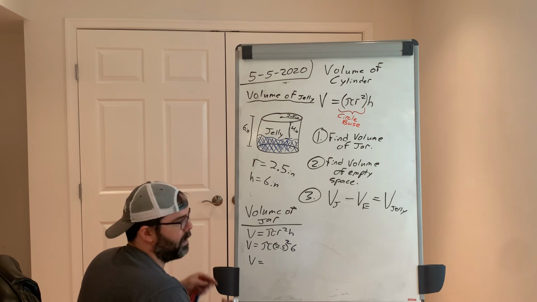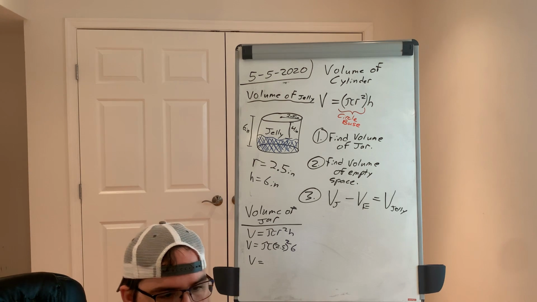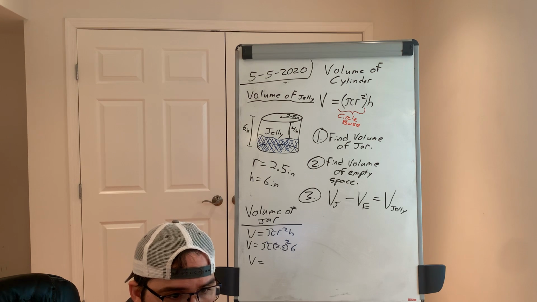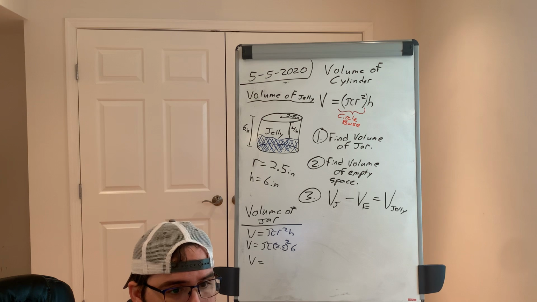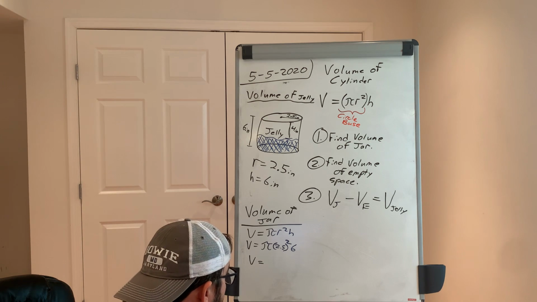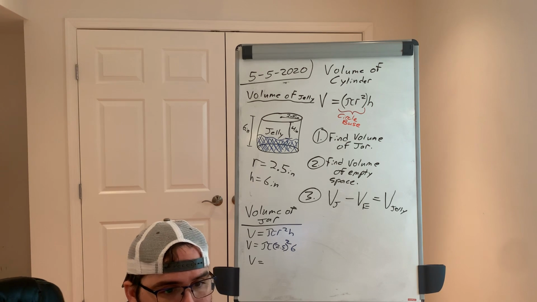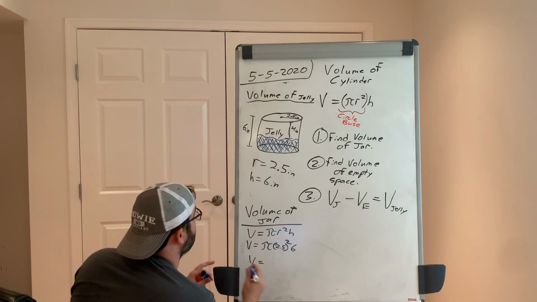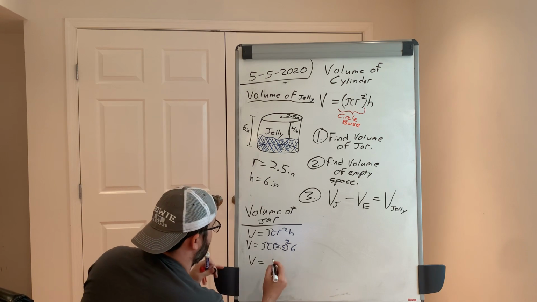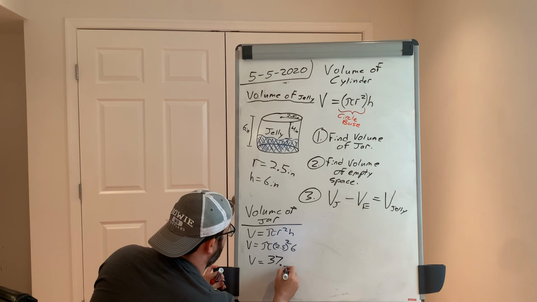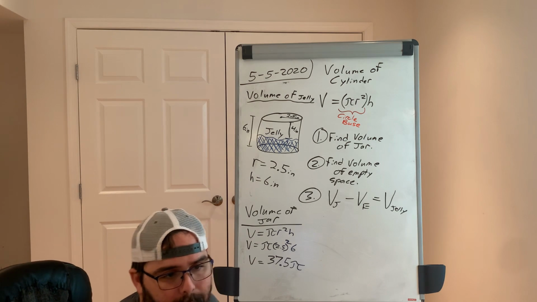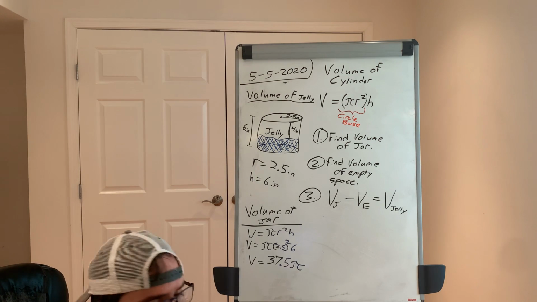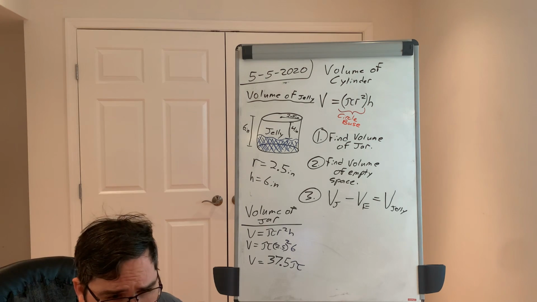I'm going to do the calculations off screen. 2.5 squared is 6.25, and then times 6 is 37.5. And notice that the pi is still there. I'm going to leave it in terms of pi because it's going to make my calculation easier in the end, because the other one's going to be in terms of pi, and then we'll just subtract them.